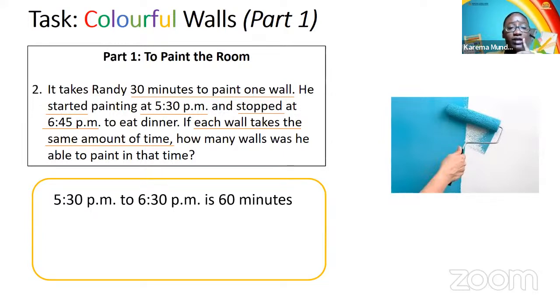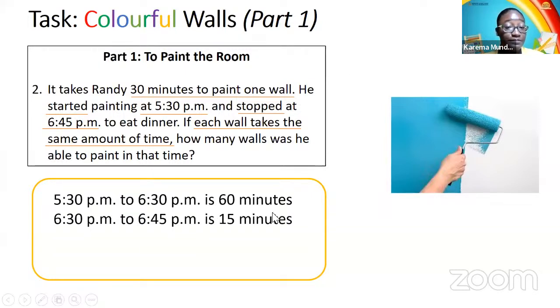Notice, even though I'm doing that in my head, I am writing it down so that the reader understands what my thinking is. So I've written it down, 5:30 p.m. to 6:30 p.m. That is 60 minutes. And then I'm going to think 6:30 p.m. to 6:45 p.m.